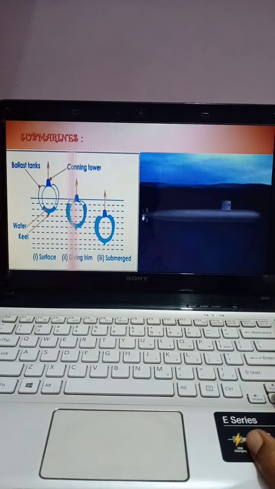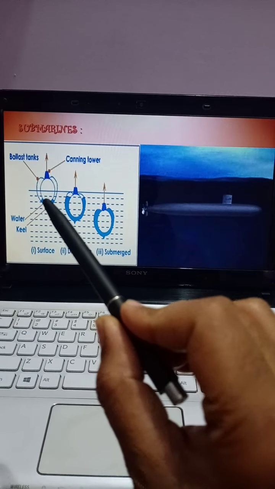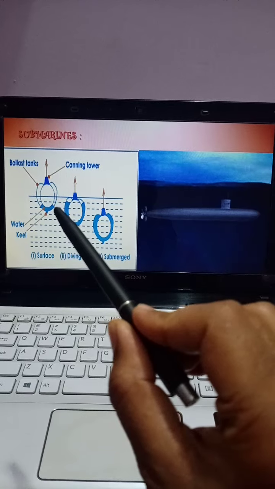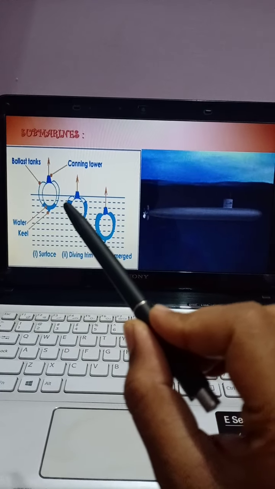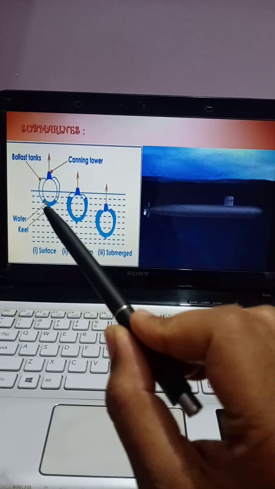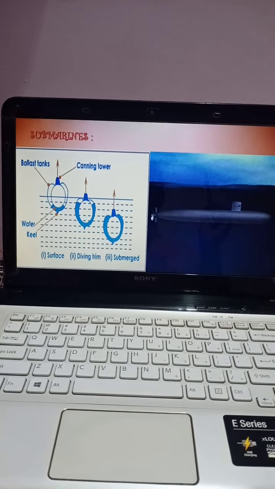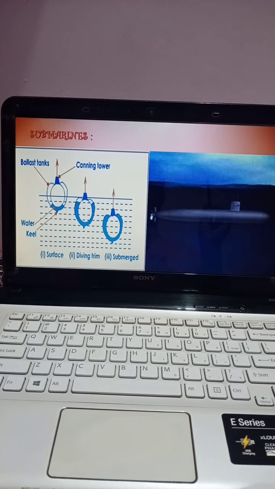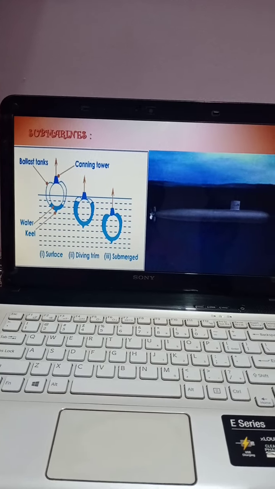So this is the diagram we can understand. When a submarine wants to move up above the water surface, then in the water tank inside this submarine, they will fill less amount of water and thus it is able to float on the surface.